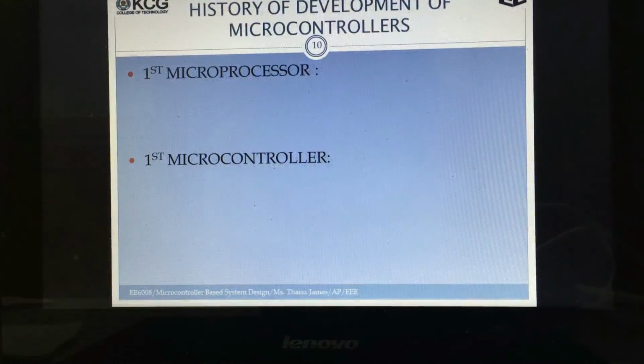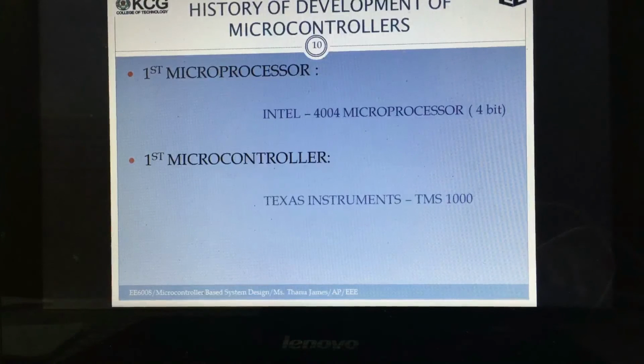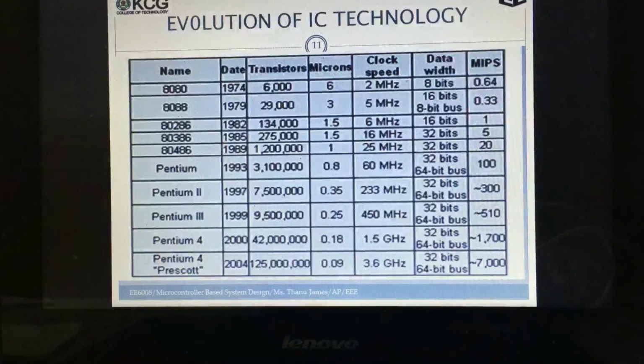Now moving into the history of microprocessors, the first microprocessor was discovered by Intel, and it was a 4-bit microprocessor produced to be integrated with calculators. The first microcontroller was discovered by Texas Instruments, and the second was from Intel itself.